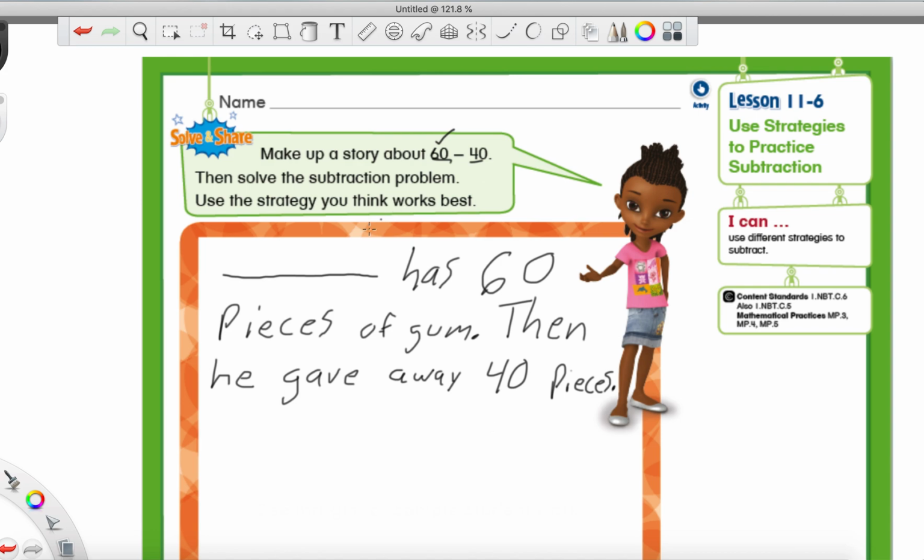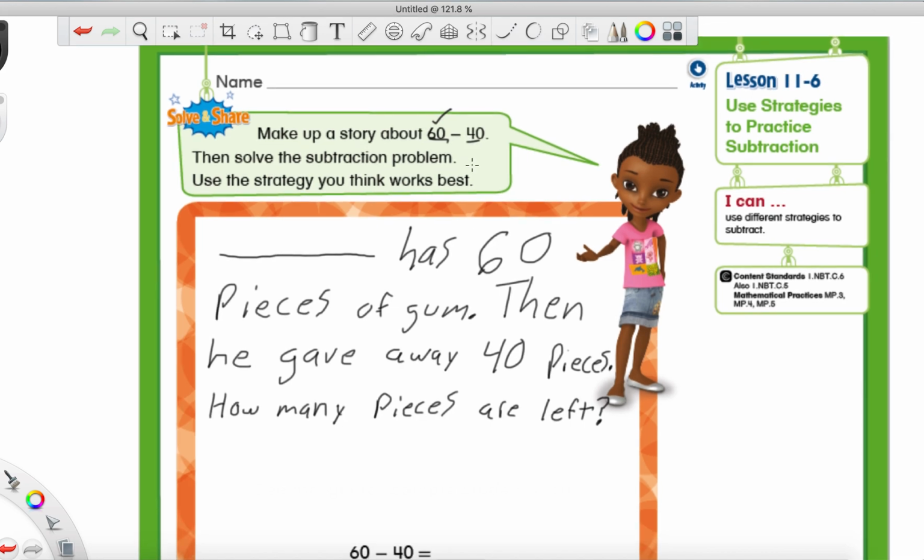We're going to say something like, how many pieces are left? And of course, we are asking something, so we put a question mark. Boom, done. We just made a very quick story problem about this subtraction sentence that they gave us.